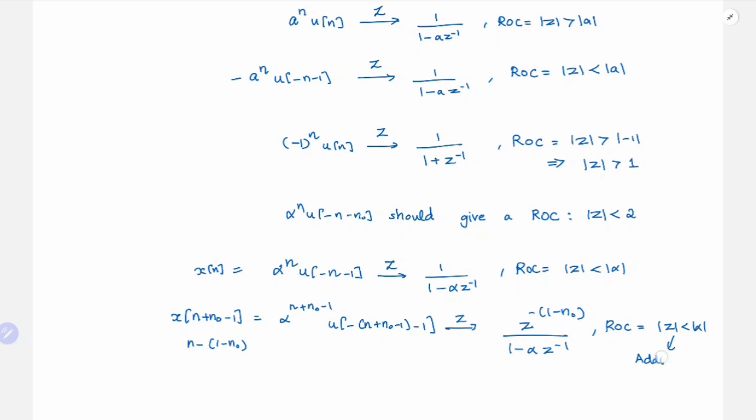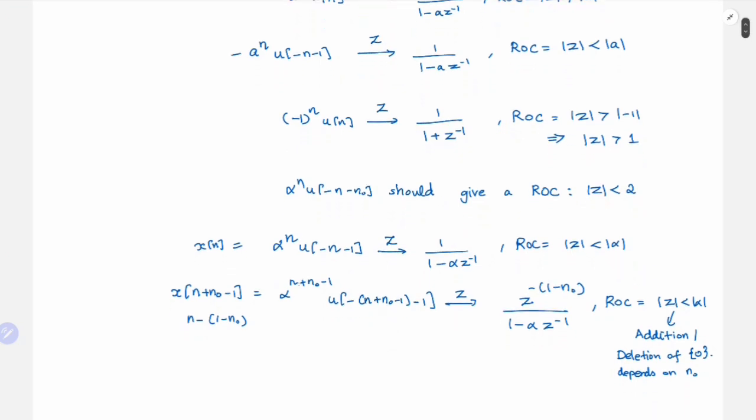Addition or deletion of 0, and it depends on n naught, which means z power minus some positive number or z power negative. Then if you have 0, this will entirely blow up to infinity, correct? Again, we need to consider the denominator also, but you can get what I'm trying to say.